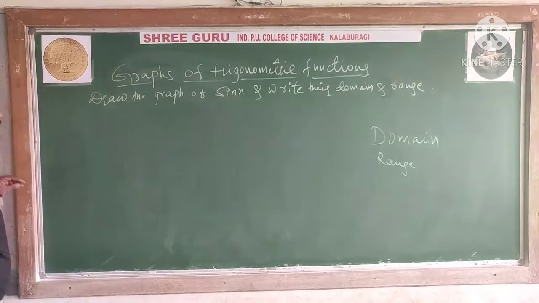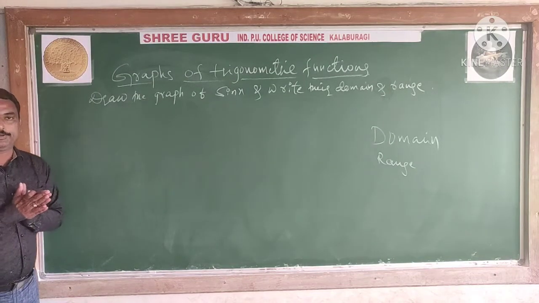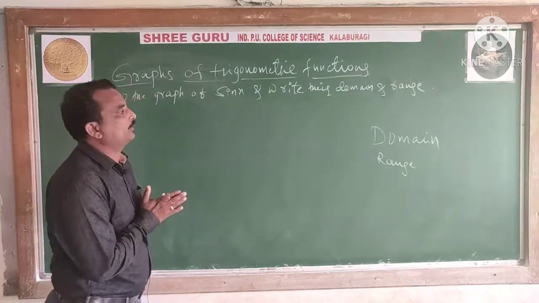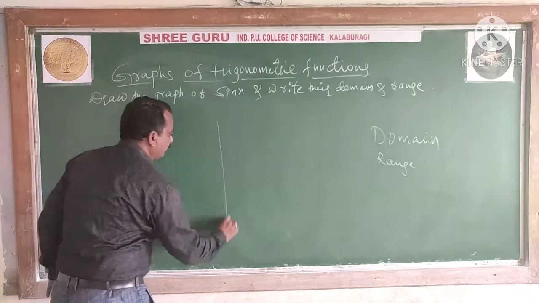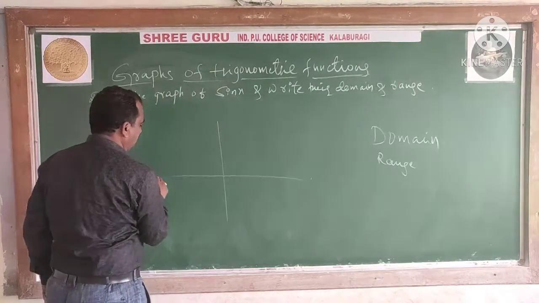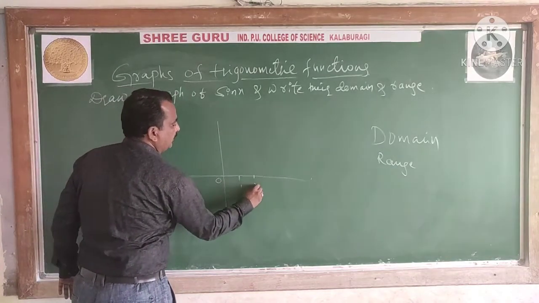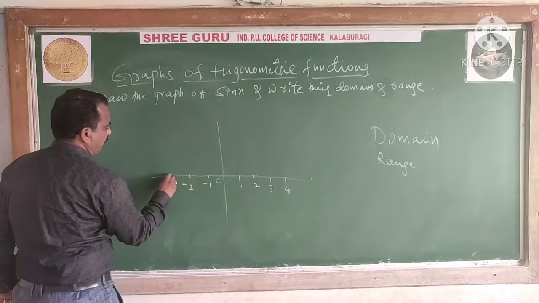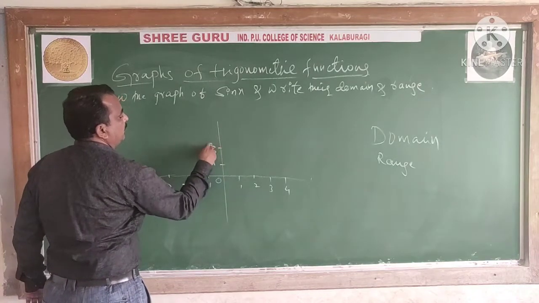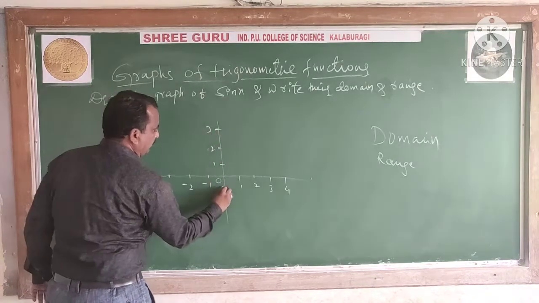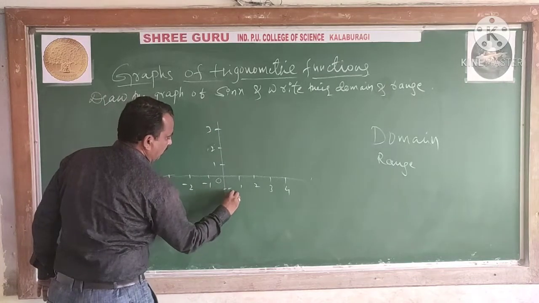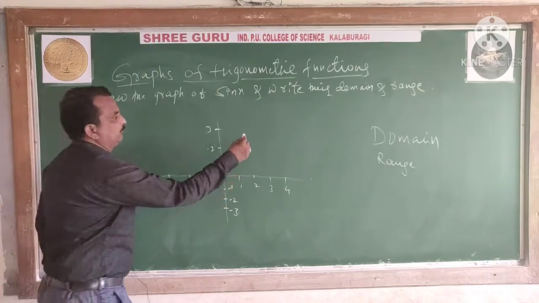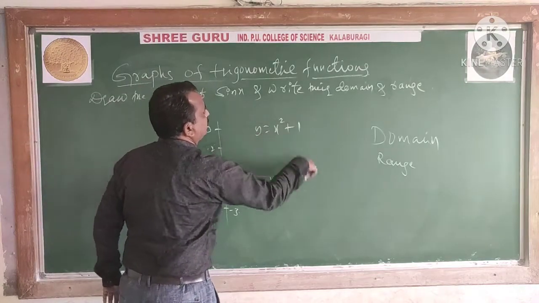Now see, students, the graph of the sin x function. Previously we have drawn many graphs in the Cartesian coordinate system on a number line, the graphs of algebraic functions like y is equal to x square plus 1.